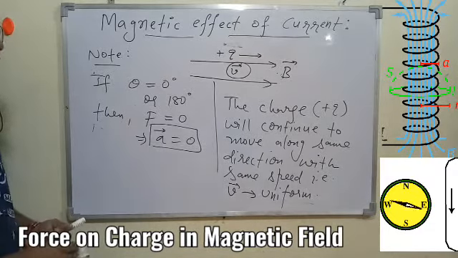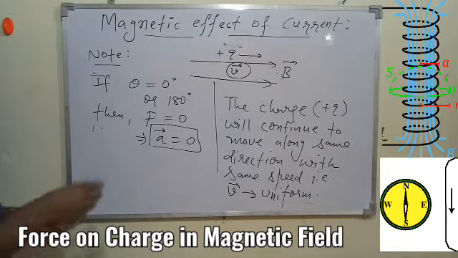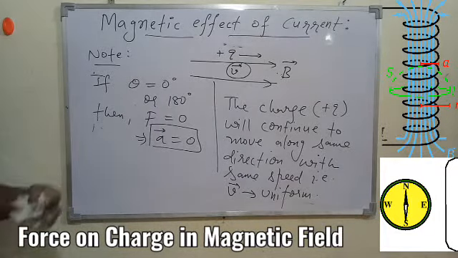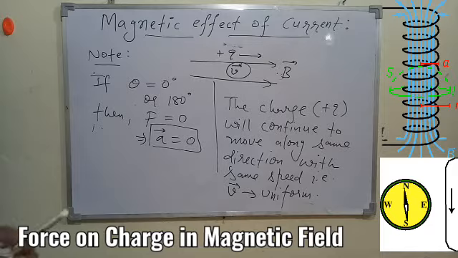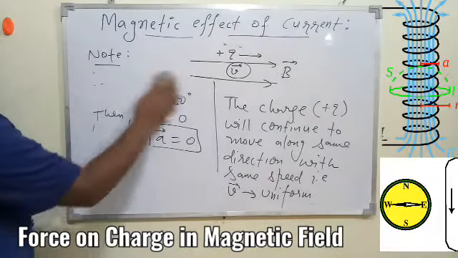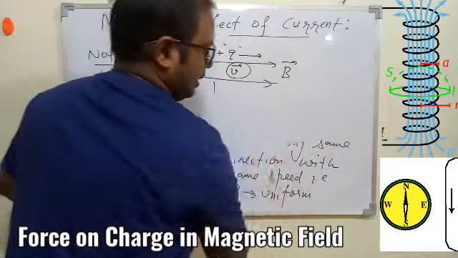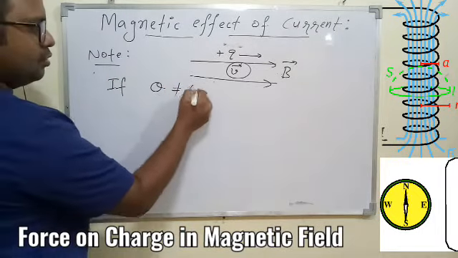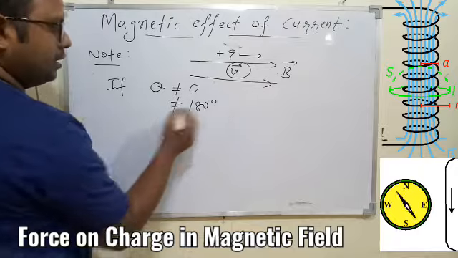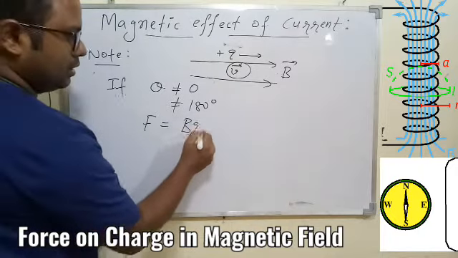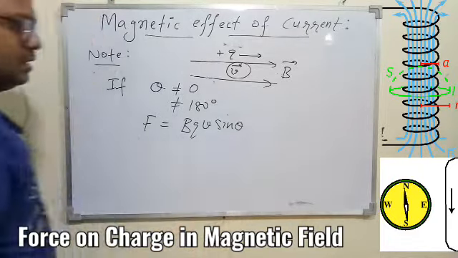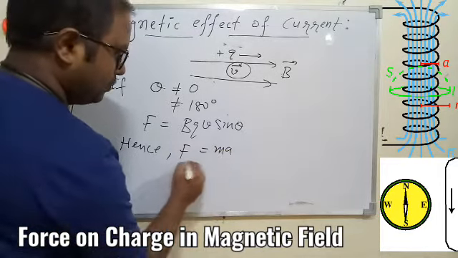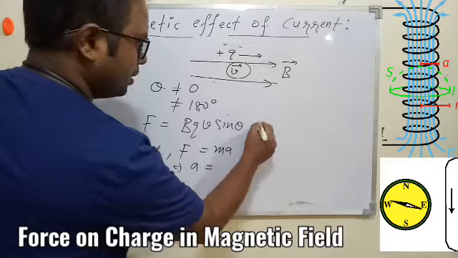That is one thing. Now if theta is non-zero or non-180 degrees, in that case a force will be there, and if the force is there, then overall acceleration will be there. So the next thing we can write down: if theta is non-zero or non-180 degrees, then force will be BQV sin theta, and hence F is equal to ma, which means a will be non-zero.